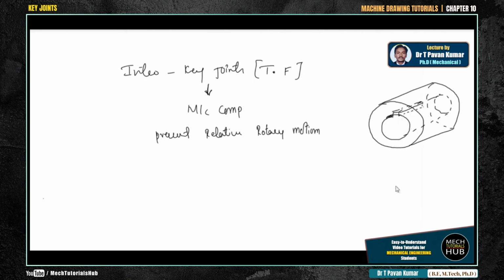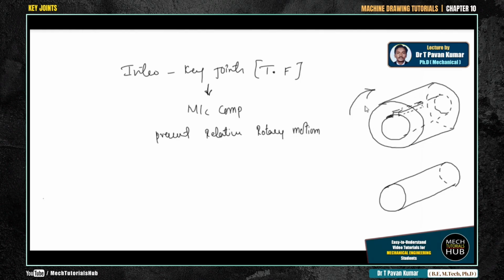The idea is that I want to insert a shaft, a circular component, inside the hub, and these two will be locked. I would like to prevent the relative rotary motion between these two.